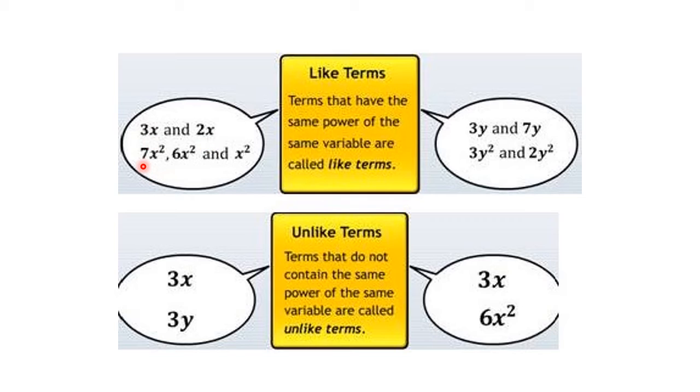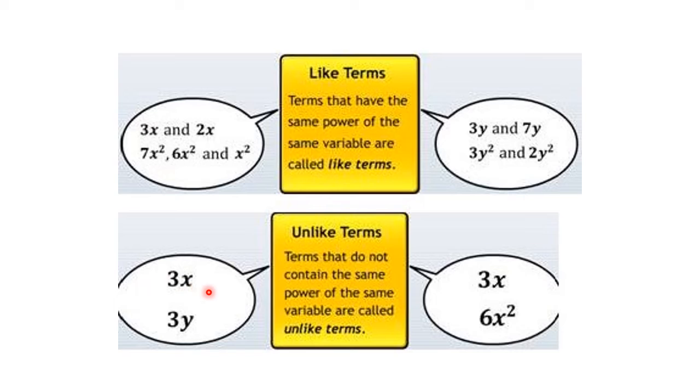Similarly, you have 7x square, 6x square and x square. Whatever the numbers, we are not bothered with them, we want the alphabet along with its power to be the same. You have x, x and x, and the power is 2, 2 and 2, so these are also like terms. A few more examples given here are 3y and 7y, and 3y square and 2y square. What are unlike terms? Unlike terms are terms that do not contain the same power of the same variable.